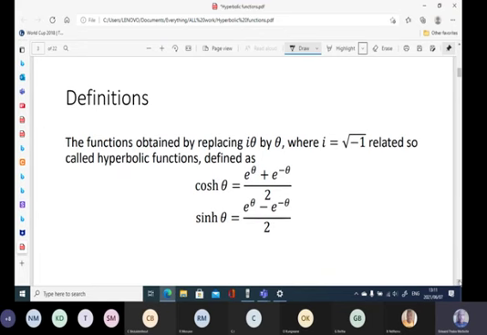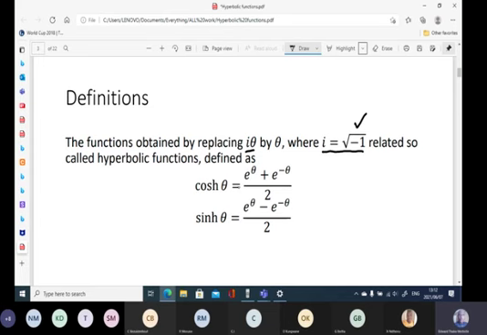The function obtained by replacing i theta by theta, where i is equal to the square root of minus 1, which I'll explain later when we deal with complex numbers, because here we're not going to use this too much, relates to the so-called hyperbolic function defined as.